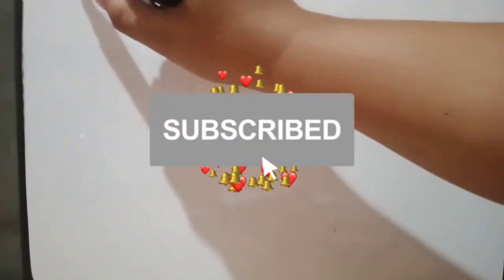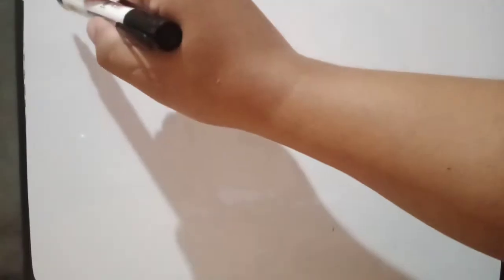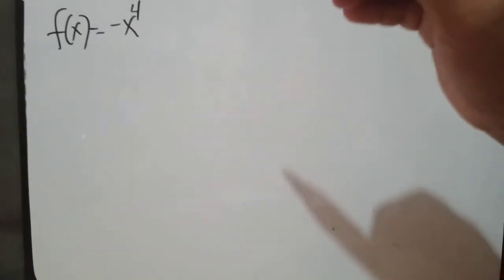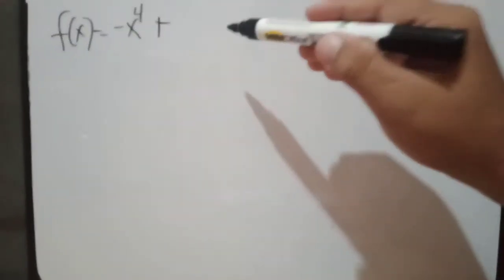So let's have an example. Say for example, f of x is equal to negative x to the fourth plus 4x squared. So that's our function.